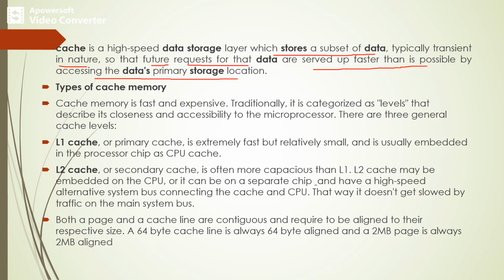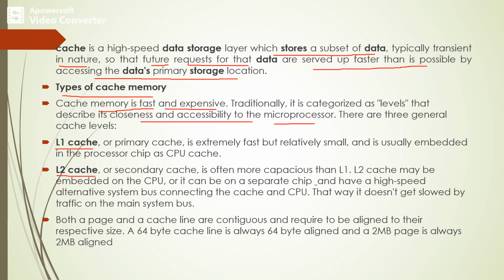Next we'll take the types of cache memory. Cache memory is fast as well as expensive. Traditionally, it is categorized into levels that describe its closeness and accessibility to the microprocessor. There are three general cache levels. The first is L1 cache.